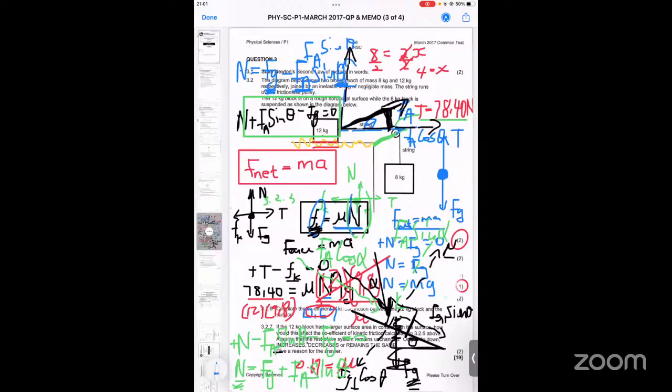So Liseko, the formula remains the same as Fk equals mu N, but N is not always equal to mg. It depends on all the up and down forces that you have.